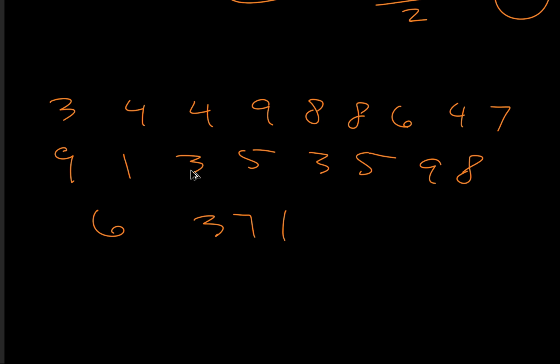It says the number of faulty products returned to an electrical goods store each day over a 21-day period. Let me make sure I got 21. 1, 2, 3, 4, 5, 6, 7, 8, 9, 10, 11. Yep, got it. 21.